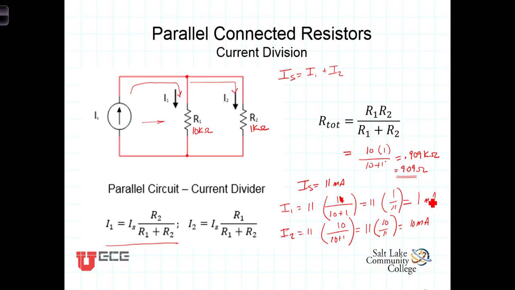And once again, you'll notice that the total current, I1 plus I2, is 1 milliamp plus 10 milliamps, which is 11 milliamps. So we have a resistance here, R1, that is 10 times as big as R2. And notice that the current going through R2 then is 10 times as big as the current going through R1.